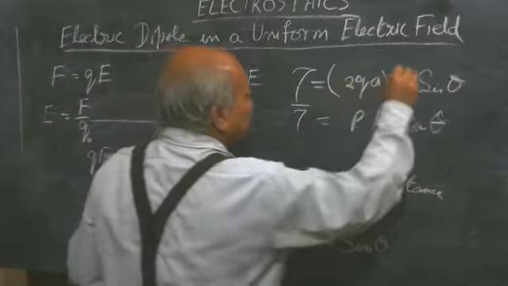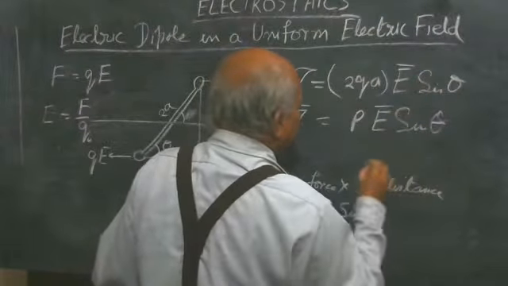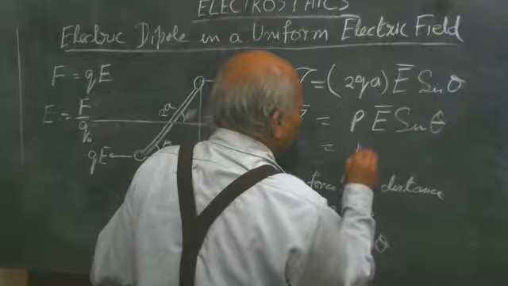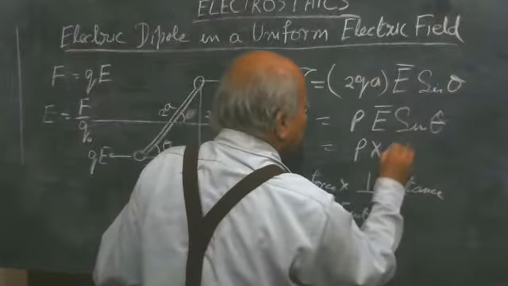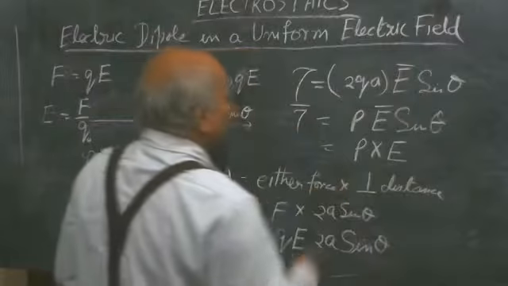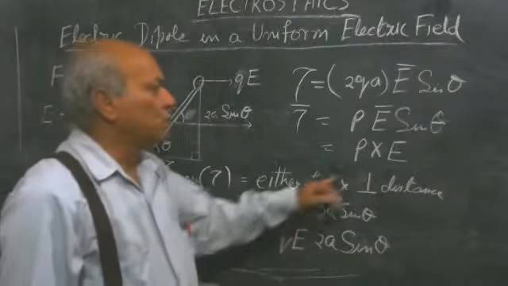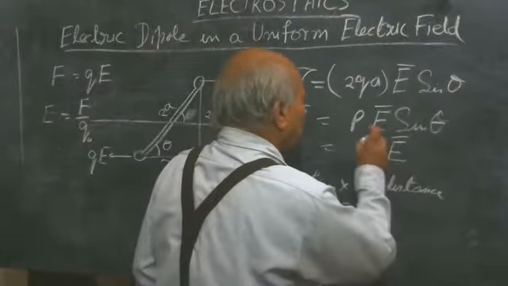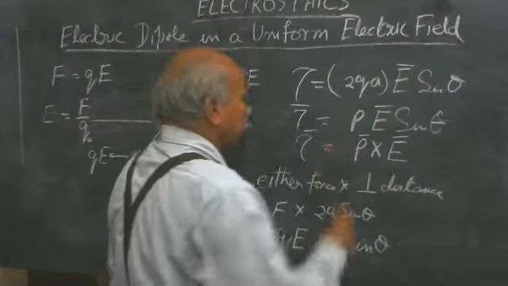This is a vector, this is a vector. Now this is equal to P cross E, which means it is a cross product of two vectors.